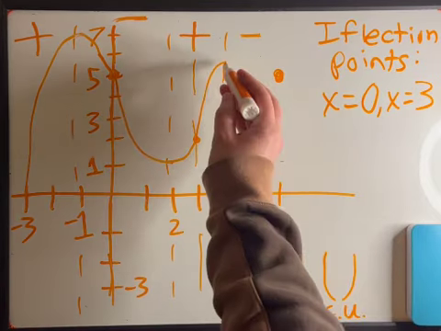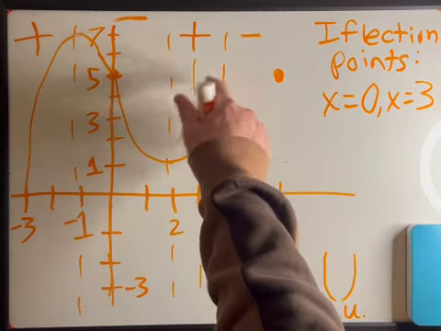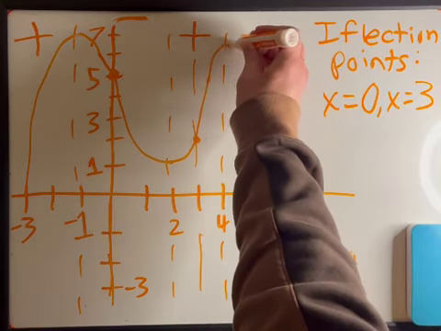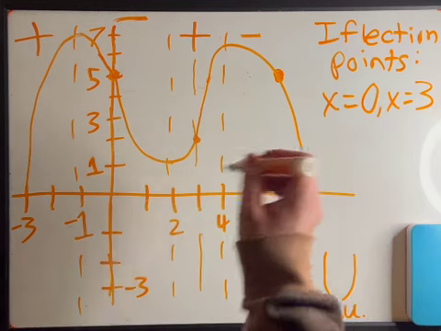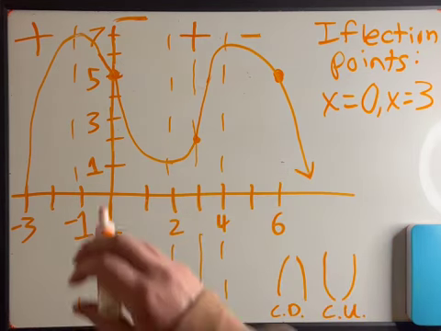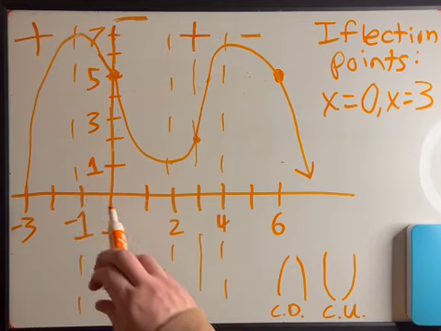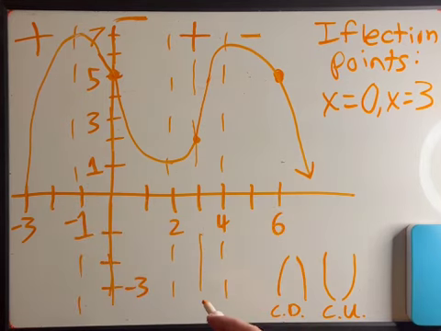Now, I didn't really give myself enough room here, so I'm just going to erase that, go a little bit higher, and bring it back down. And that would be our graph. Now, the y values may not be exact, but they're around what's the right answer, and that's what matters here.